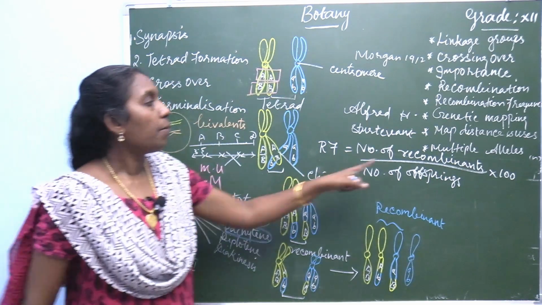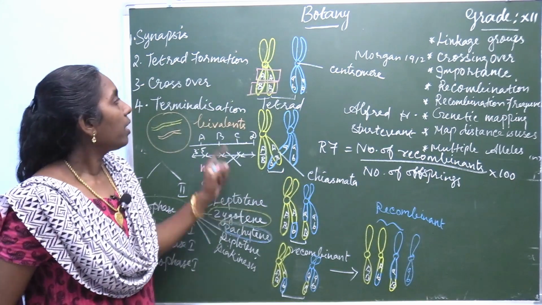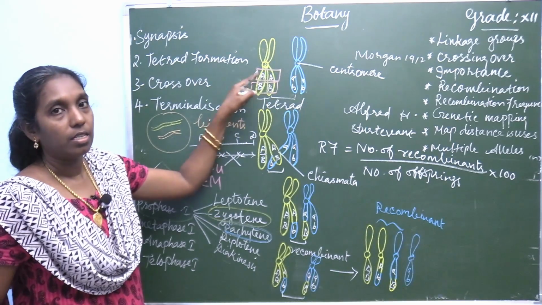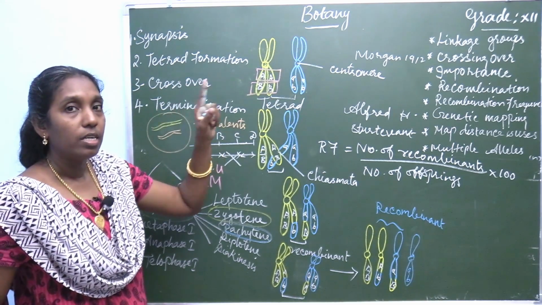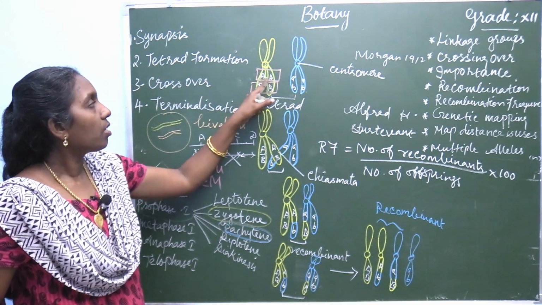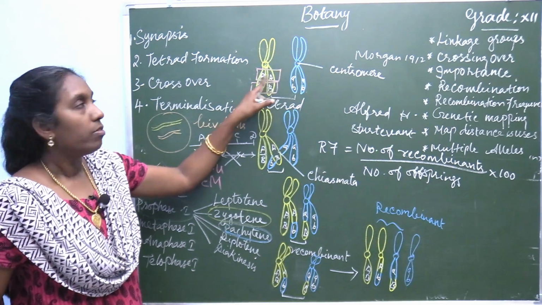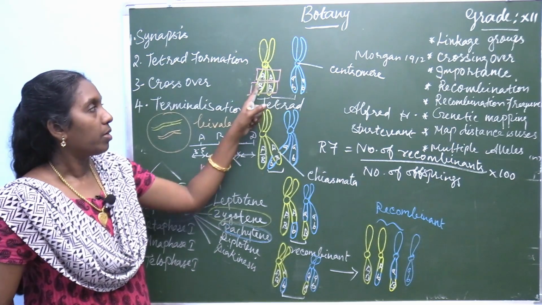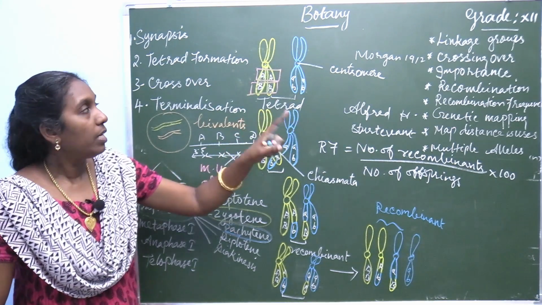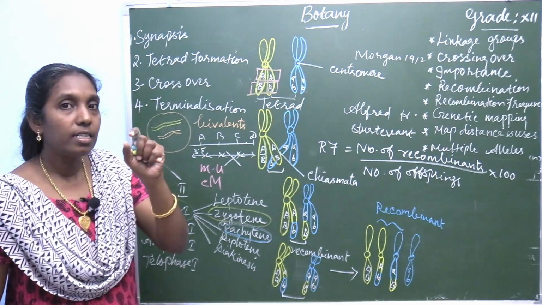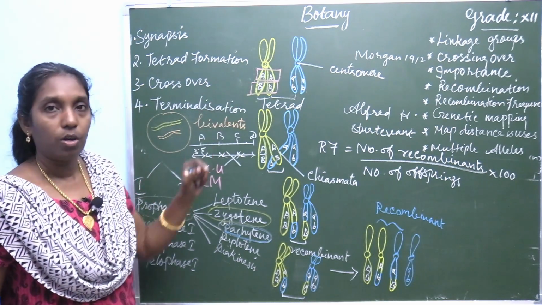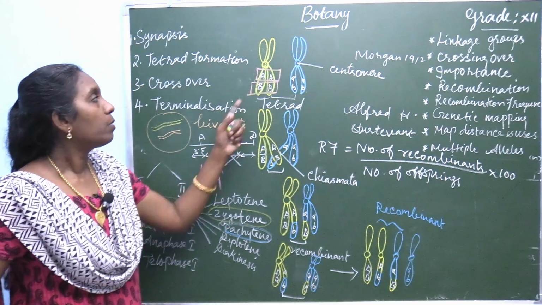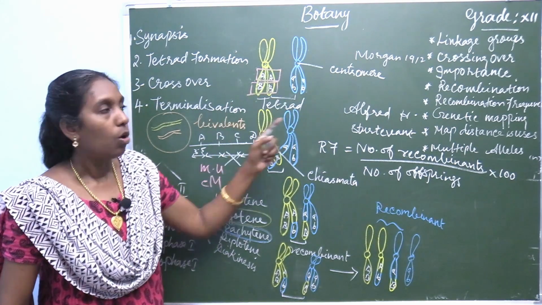Then another question, multiple alleles. Normally, in a gene locus, a pair of genes are arranged. The pair of genes are called alleles. Here the genes are located in pairs, represented in alphabets as capital A, capital A, or capital B, capital B. Normally a single pair of alleles is present in a locus, but when more than 3 or 4 are present in a particular locus, it is called multiple alleles.